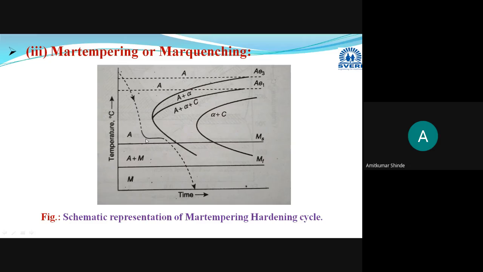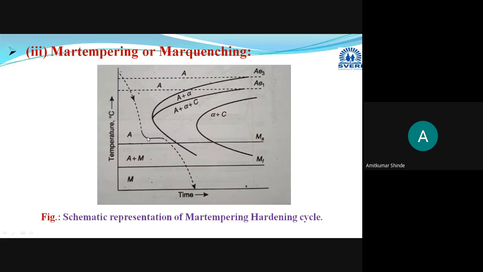When you reach this temperature zone, just below the nose temperature and just above the Ms temperature, the temperature is held constant for some definite period of time.